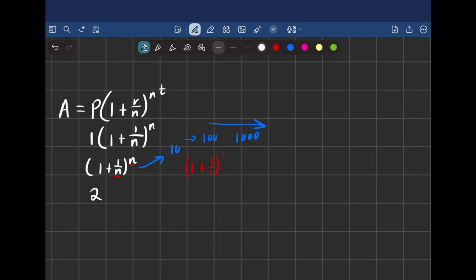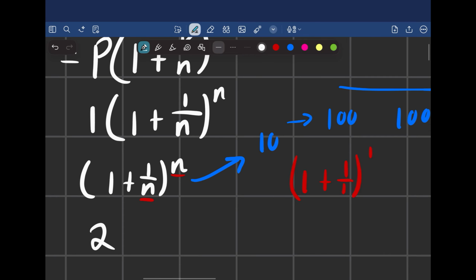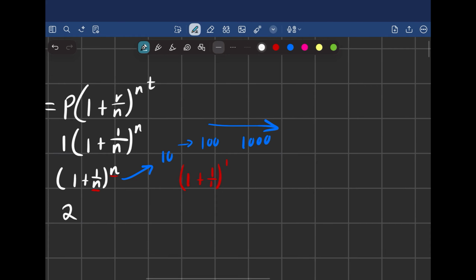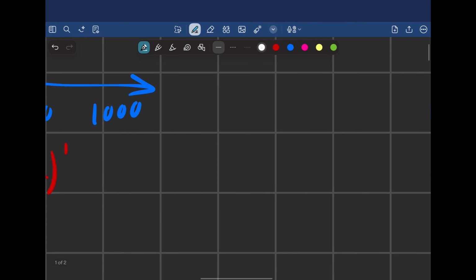And since infinity is not a number, we can follow infinity as a concept. So as this n gets really, really, really big, as it approaches infinity, this answer we calculate starts to form 2.71828, and it goes on and on and on.